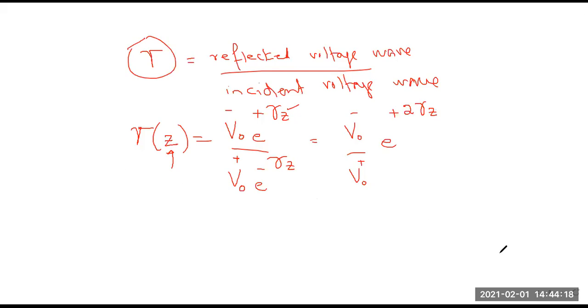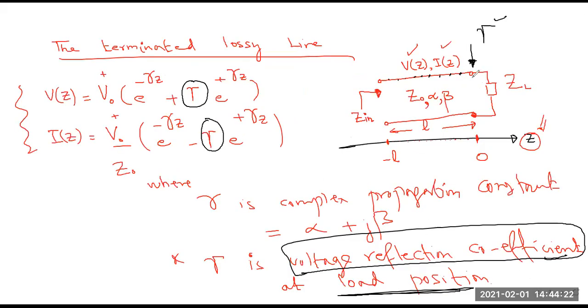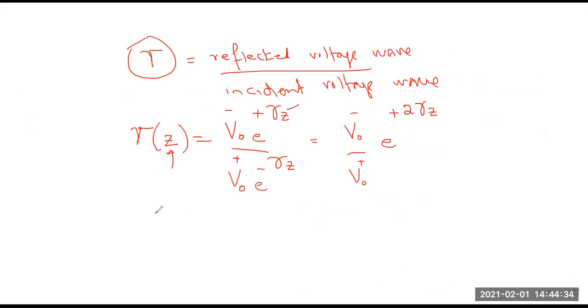Now with this general expression, I can come back and find the reflection coefficient at the position where we have connected our load. At this position, z is equal to 0. So let me put z equal to 0 here. At z equal to 0, the reflection coefficient will be simply equal to V naught minus divided by V naught plus.